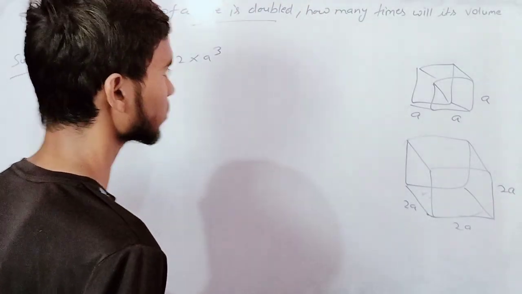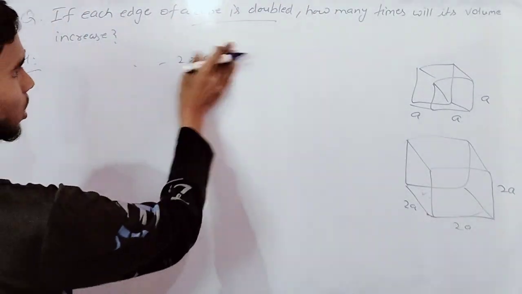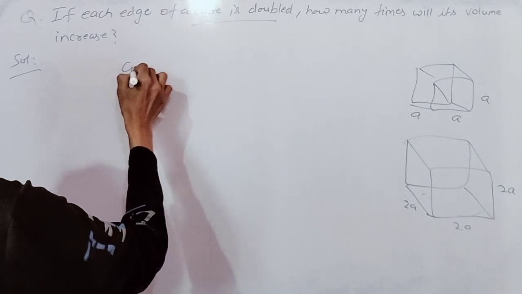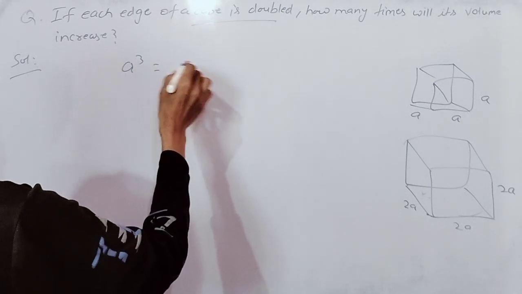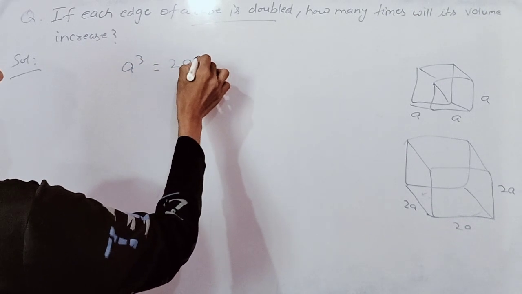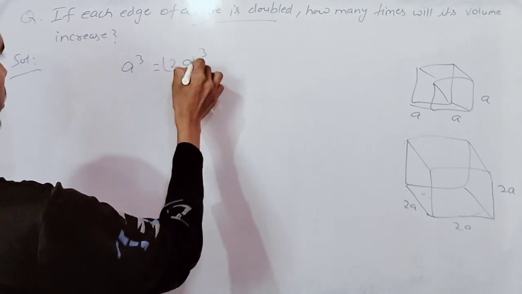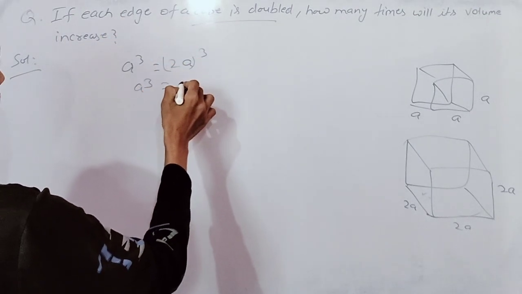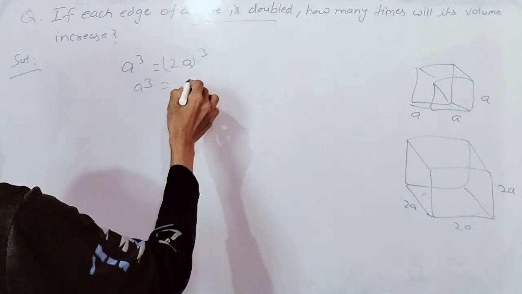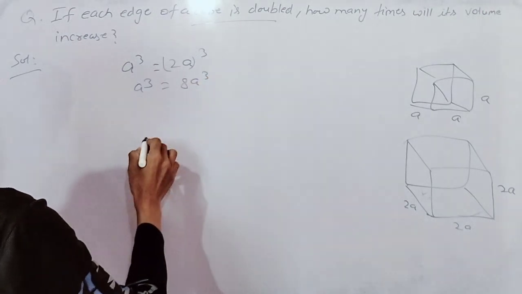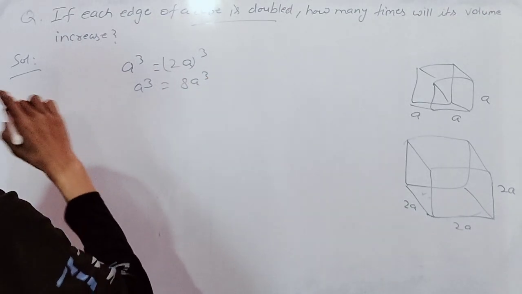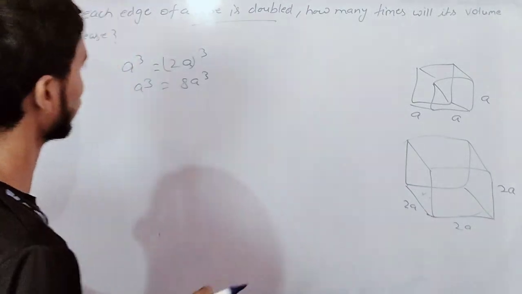Clear? It means a cube and 2a cube, 2 to the power 3 is 8, so 8 a cube. What is happening?